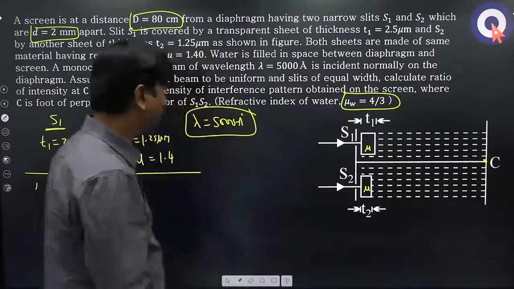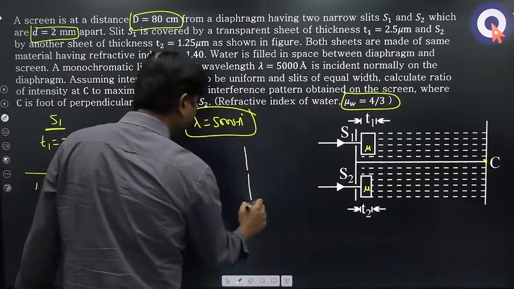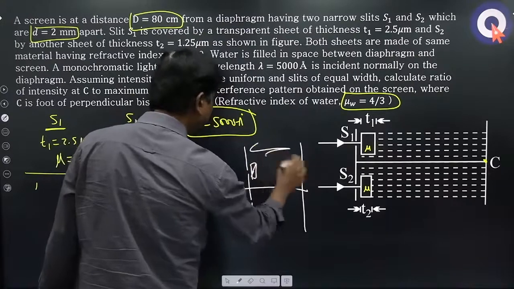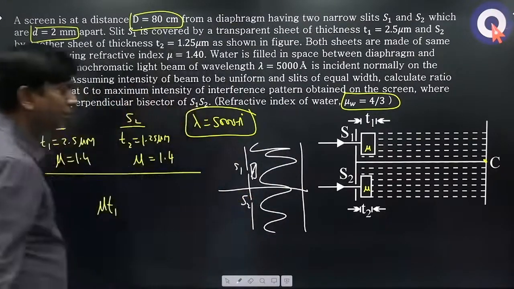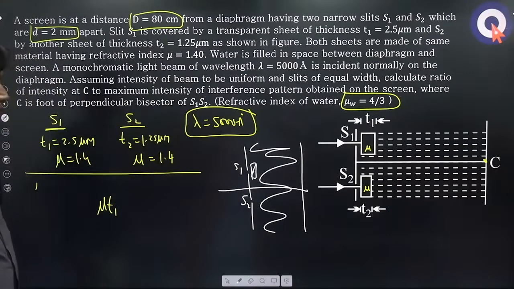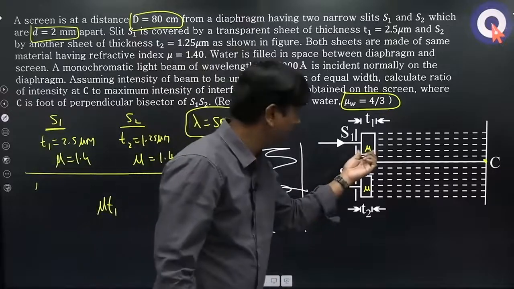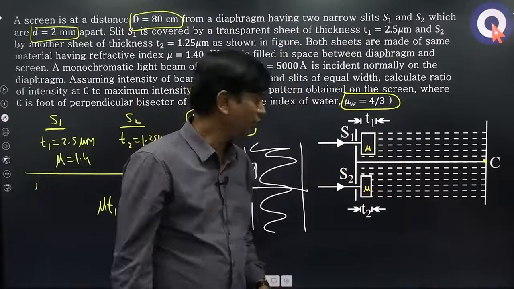So for example, what I am trying to explain to you is, if it is like this, only this is there, this is water, this is not there, S1, S2, right? So you are talking, this is in air, so the remaining is in water, the same distance. If you take it in water, how much would that be?